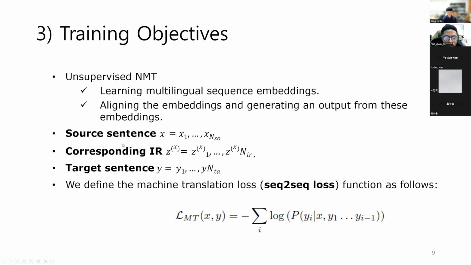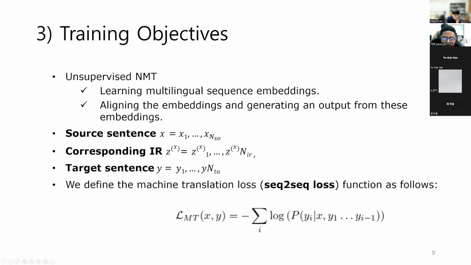In this case, we consider three variables: the source sentence, its corresponding IR representation, and the target sentence. In the source sentence, we take a sequence of code tokens. Let me note these variables: Y for the target, X for the code sequence, and ZX for its IR.